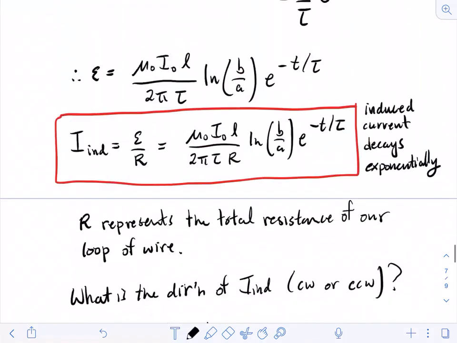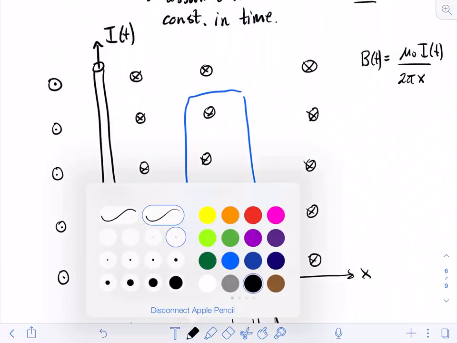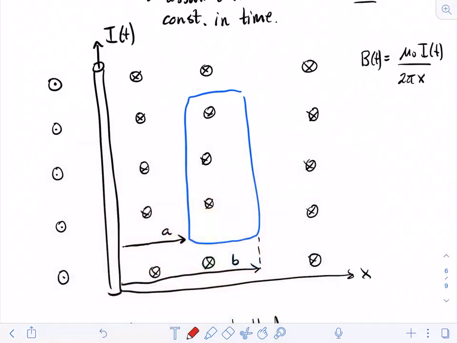So we can go back to our picture here, and we require that B induced must be into the screen. And then we ask, what is the direction of the current?